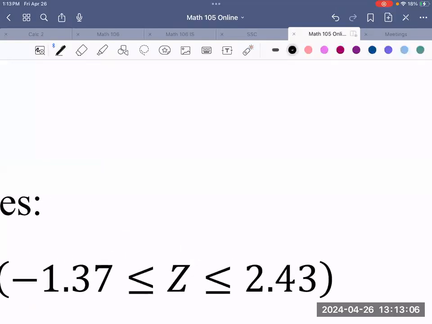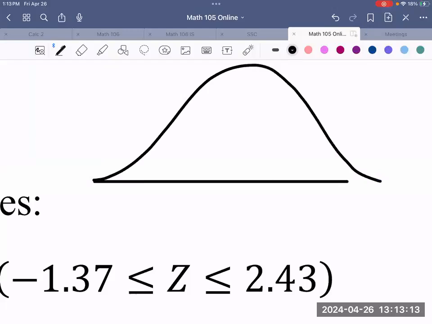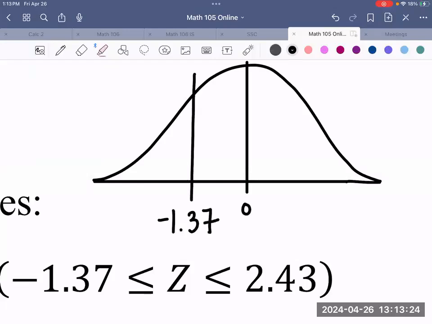So one thing we can assume, because it's a very symmetrical graph, is that what happens on one side of the graph happens on the other side. So that means if I have a negative 1.37, and I'm looking for this probability, because it's symmetrical, I can use the positive half of the graph as its equivalent.